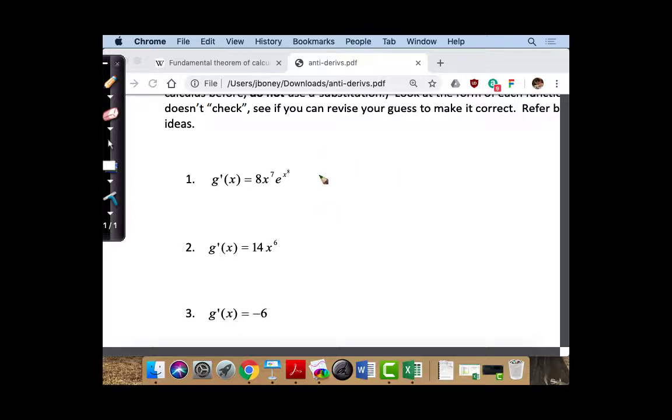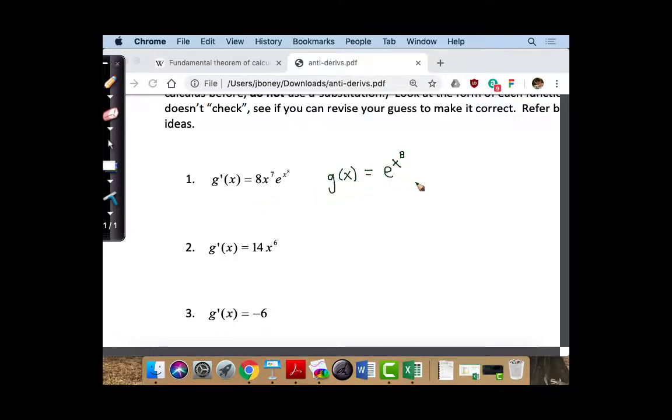But if I think about integrating this, I think, well, g of x, in order for its derivative to have e to a power, the original must have had e to a power, and it has to be that same power, because when you take derivatives of exponential functions, the exponents don't change. Well, so what else would this have to have in it? Well, nothing.